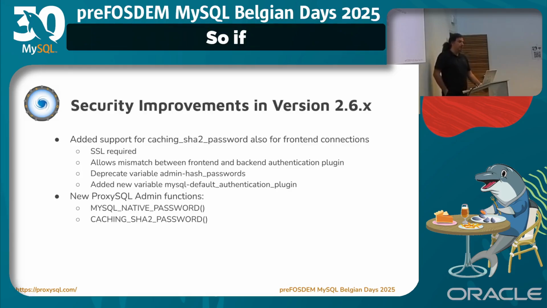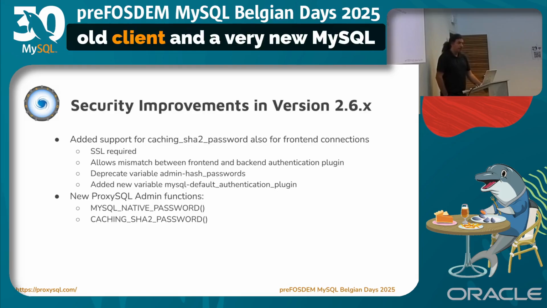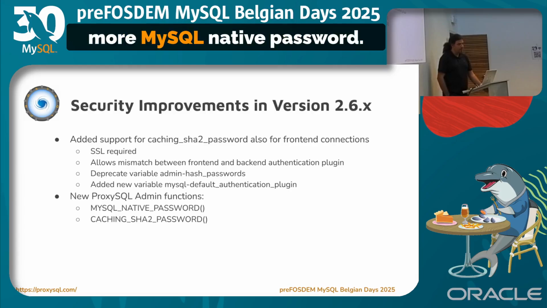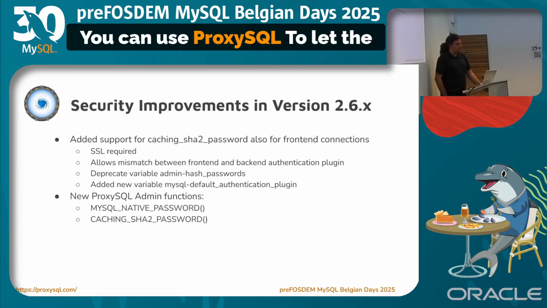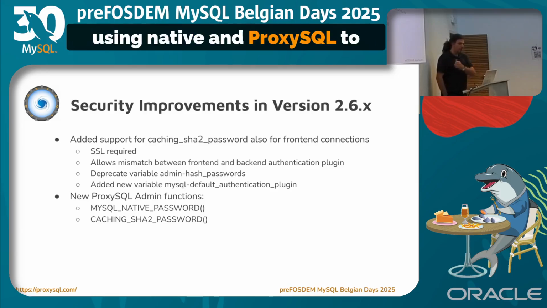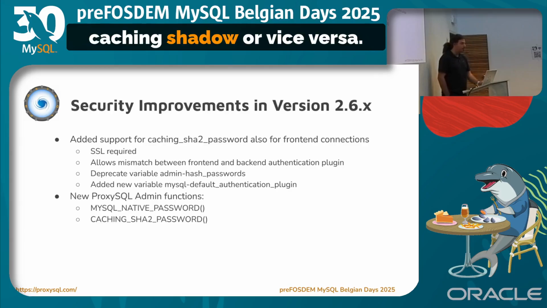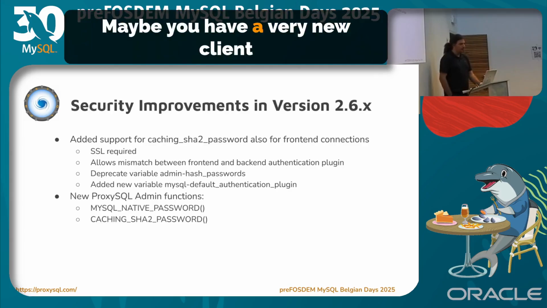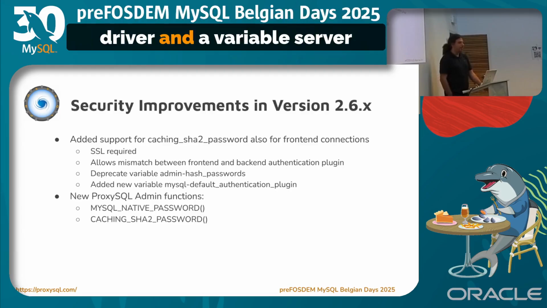So if you still have a very old client and a very new MySQL server that doesn't allow MySQL native password anymore, you can use ProxySQL to let the client connect using native, and ProxySQL to connect to the backend using caching SHA-2, or vice versa. Maybe you have a very new client driver and a very old server. You can mix and match however you want.